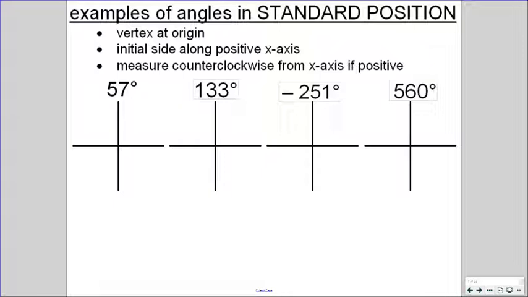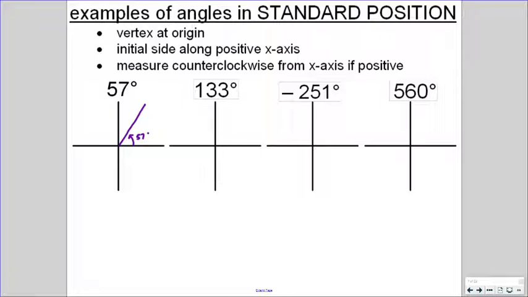So 45 degrees is halfway in the middle of the first quadrant, which means 57 degrees should be a little bit more than halfway. So we want to make sure that you are just in the general right area, but 57 degrees is going to be that angle, and I'm just going to draw a line that denotes 57 degrees.